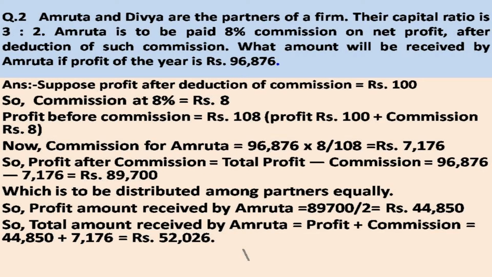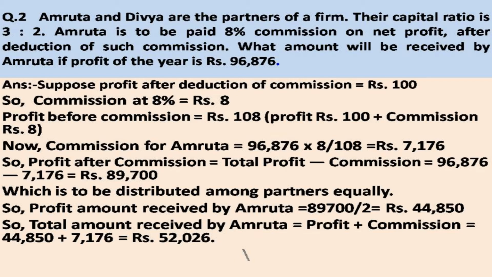Question number 2. Amruta and Divya are the partners of a firm. Their capital ratio is 3:2. Amruta is to be paid 8% commission on net profit. After deduction of such a commission, what amount will be received by Amruta if the profit of the year is rupees 96,876?